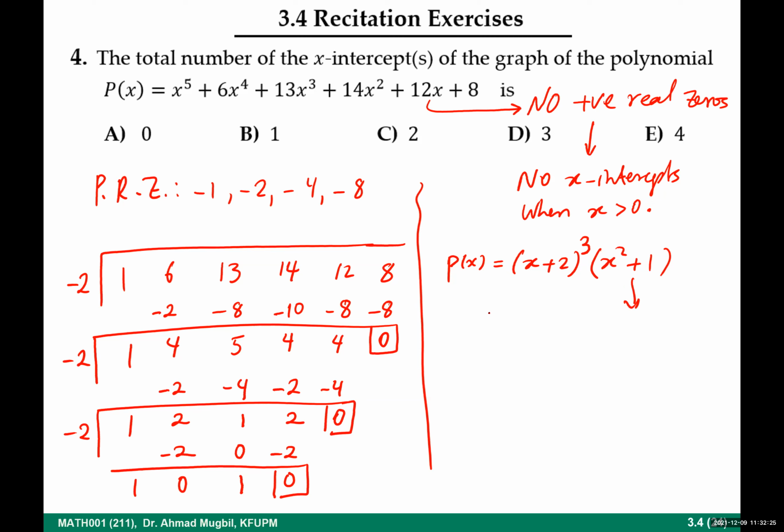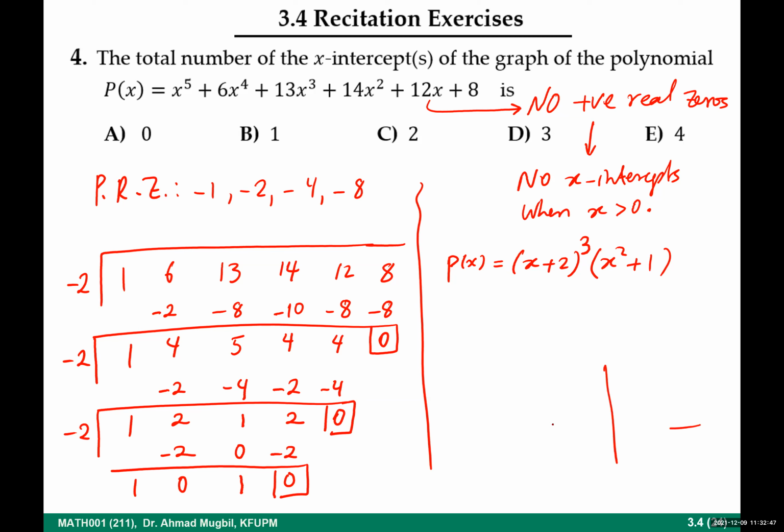Now, what about this factor? If you want to factor this completely, as we will do in section 3.5, it will be x plus i times x minus i, as a product of linear factors. But of course, the non-real zeros are not x-intercepts.